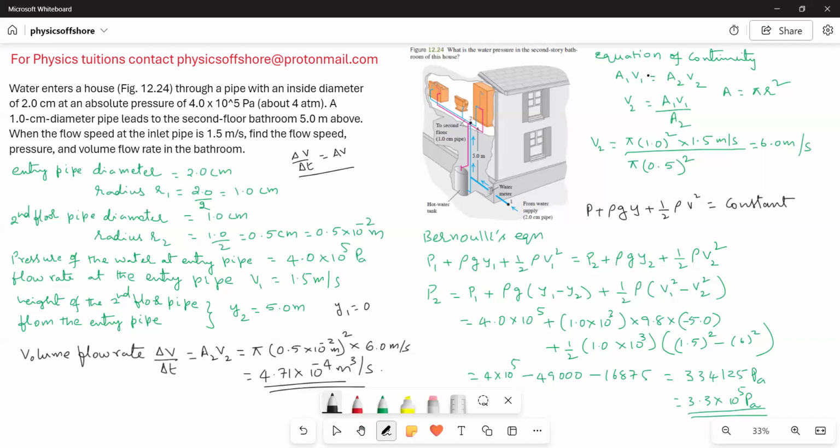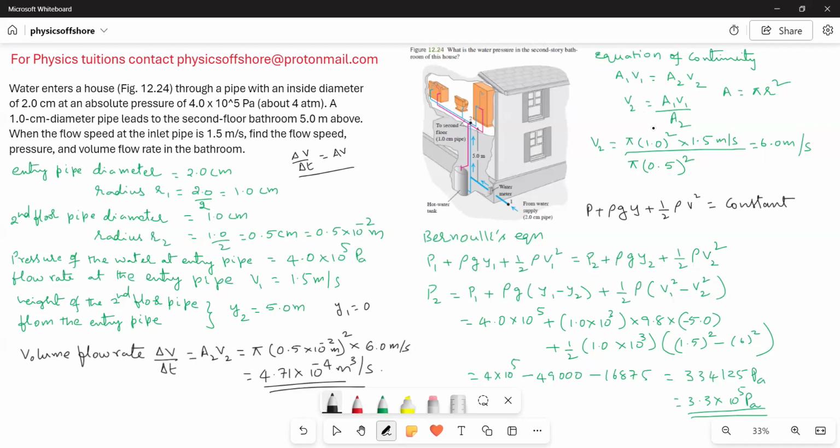According to equation of continuity, A1 V1 is equal to A2 V2, where A is the area of cross section of the pipe and V is the velocity of the fluid flowing in the pipeline. So area of cross section of the pipe is equal to pi r square, and the radius is already given to us.